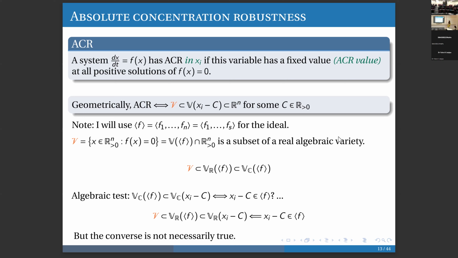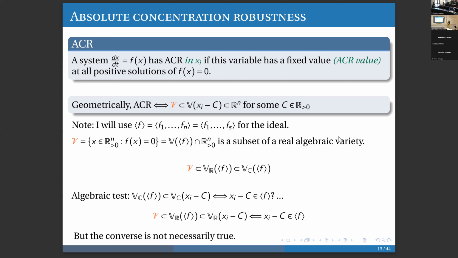So you are just fixing one variable, right? Yes, to determine if there is ACR in that species. So fixing one variable, then you are checking the linear independence of the polynomial over the remaining ones, or is this something else? It's something else.